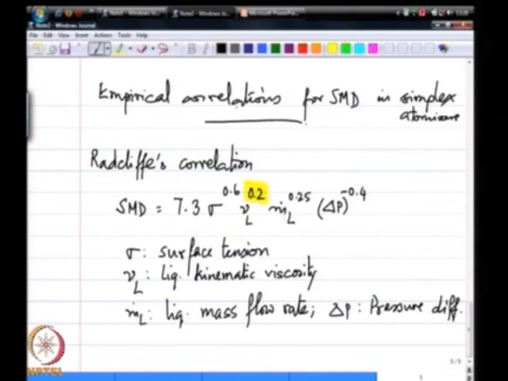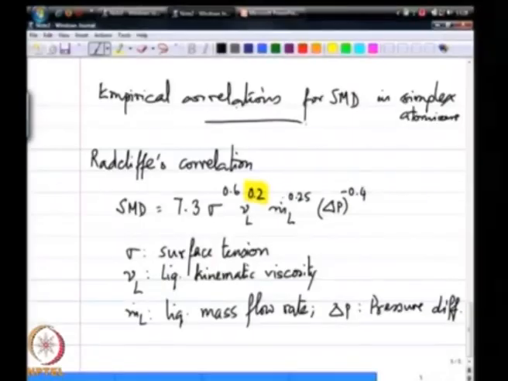Okay. As the mass flow rate goes up on the same atomizer, now how does the mass flow rate go up on the same atomizer? It goes up because delta P goes up. There is no other way, because this is only a single fluid atomizer. So, as delta P goes up, mass flow rate goes up, and as a result the increased mass flow rate gives us a Sauter mean diameter that is slightly higher, but the delta P is raised to the power minus 0.4.